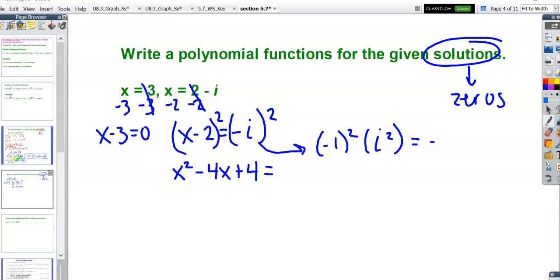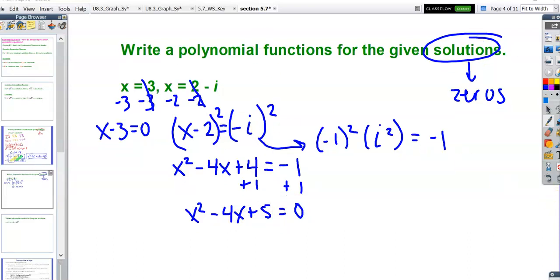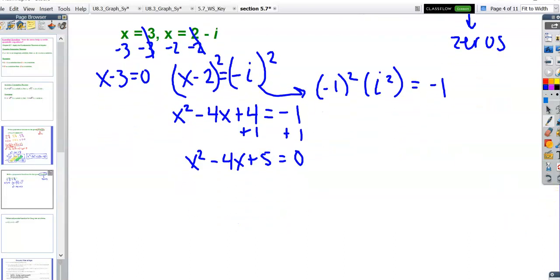So this becomes negative 1. Add 1 to both sides. Then we have x squared minus 4x plus 5 equals 0. So now that we have two factors that are set equal to 0, we can go ahead and multiply this out again.